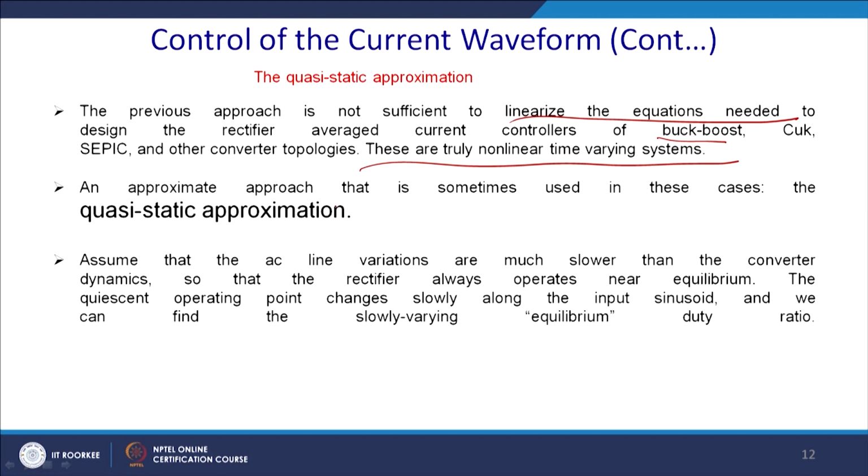An approximation approach is sometimes used. These cases use the quasi-static approximation. We will come to the quasi-static approximation now. Assume that the AC line variations are much slower, because your switching frequency is in the range of tens of kilohertz, whereas your supply frequency is 50 hertz.